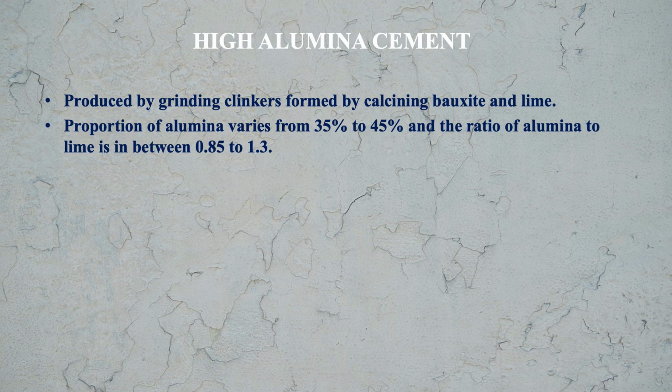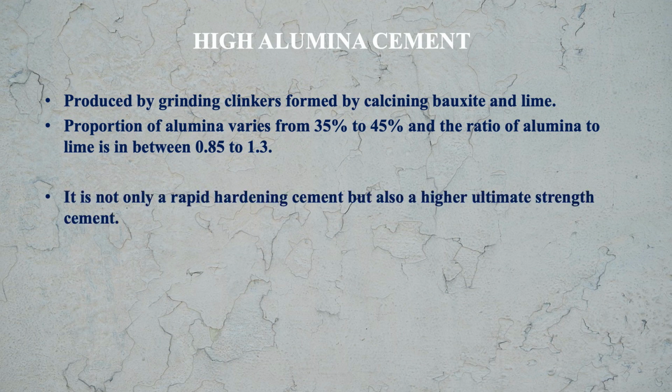It is not only a rapid hardening cement but also a higher ultimate strength cement. Means it hardens rapidly and also gives high ultimate strength. These are very important properties of high alumina cement.